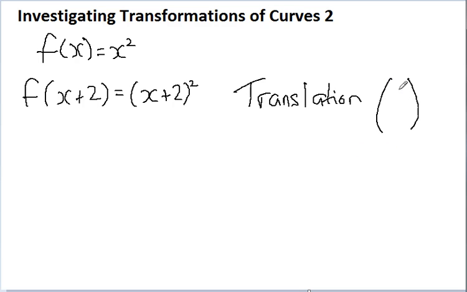Of course, if you remember, this top number here describes the movement left or right. And when we add 2 inside the brackets, what actually happens is the curve moves 2 left. And the way we describe that is by writing minus 2, because left means negative here.